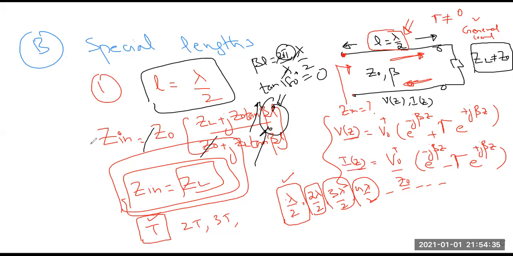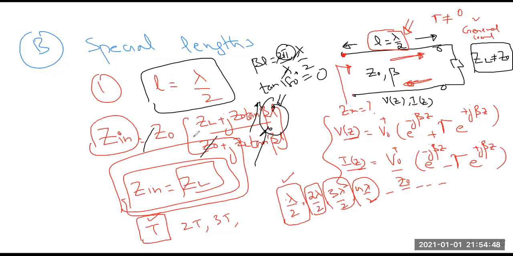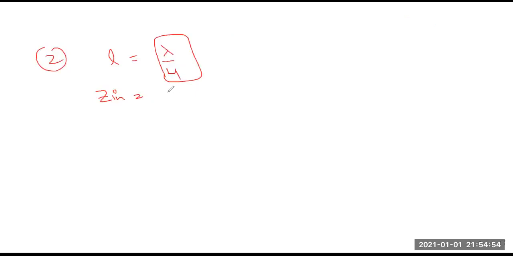But let's look at the behavior of input impedance, in which I'm more interested. So if you use this value in the impedance equation, you will find out that Z in comes out to be equal to Z naught square divided by ZL.